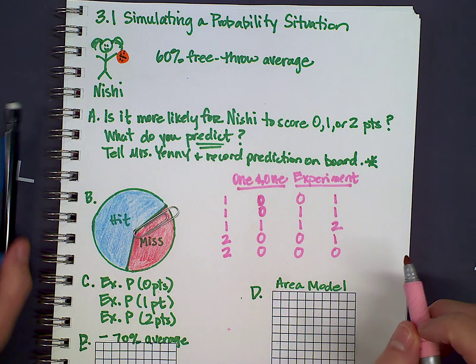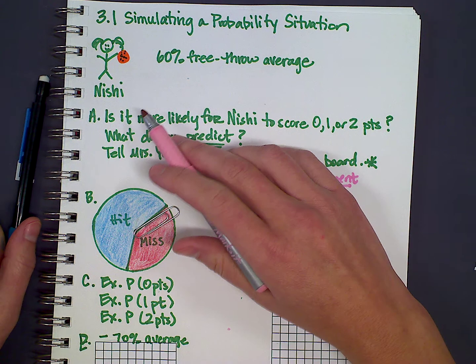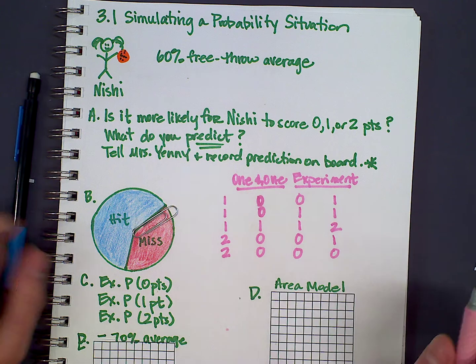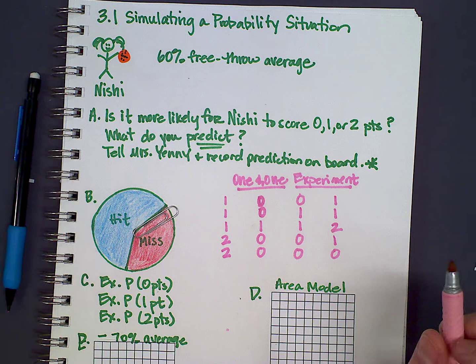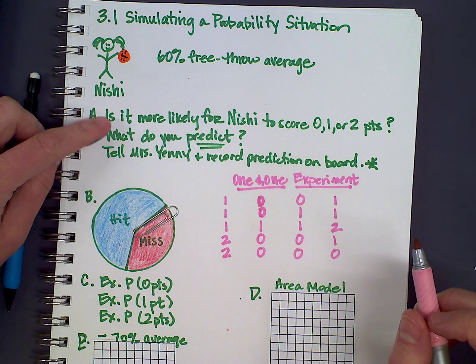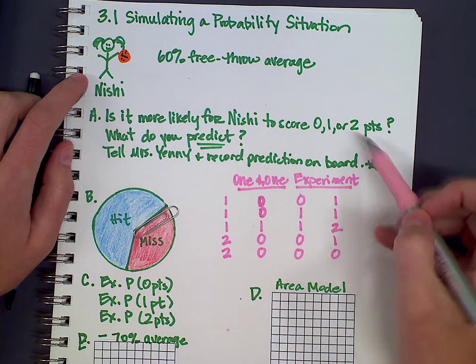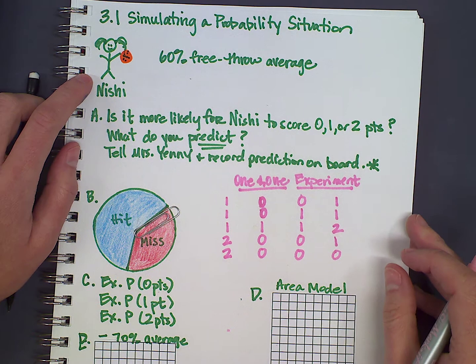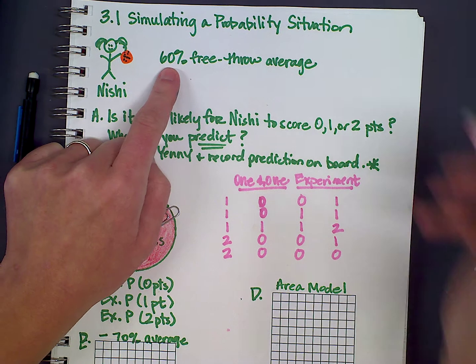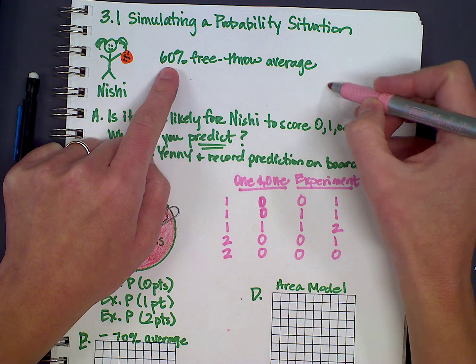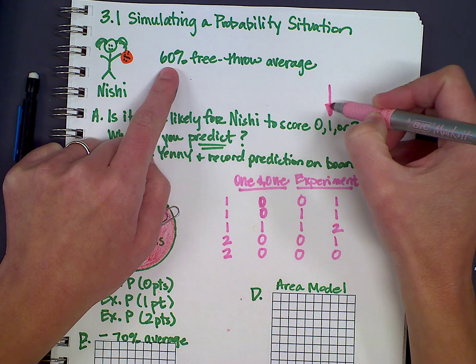So we're going to work with Nishi, who is a 60% free throw shooter. And question A is asking us just to make a prediction. Is it more likely, do we think, for Nishi to score 0, 1, or 2 points in this situation? So again, she's a 60% shooter. And I would say the vast majority of kids say this.